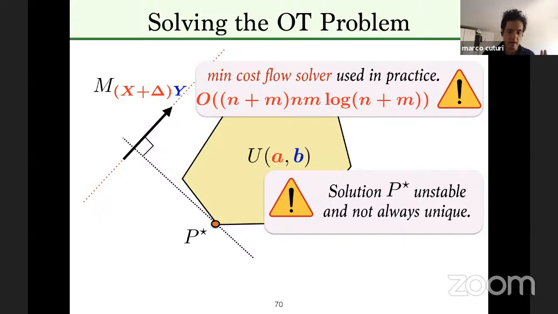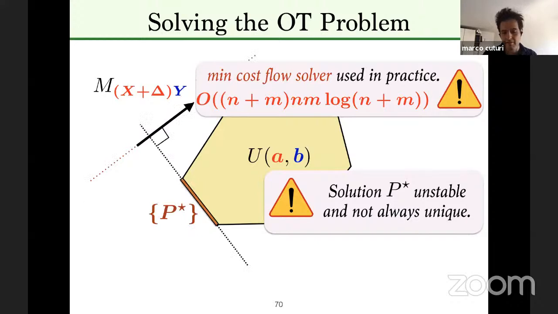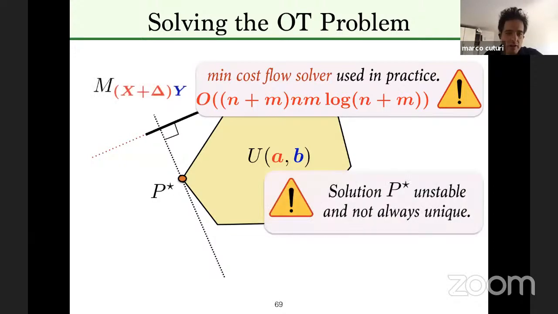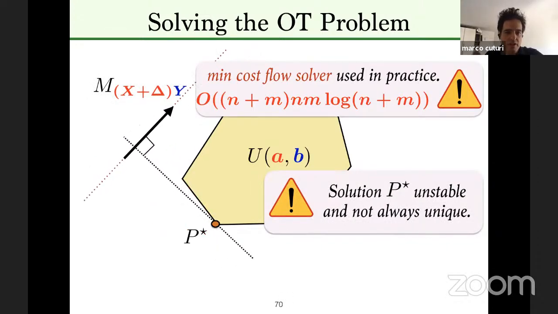To be clear, this will very rarely happen in practice, and it's not a headache to think that sometimes the solution is not unique. What is a headache is that sometimes we switch from this optimal transport matrix, which usually has a lot of zeros, to one that is all of a sudden different, in a different corner, just because we have slightly changed the values of x.